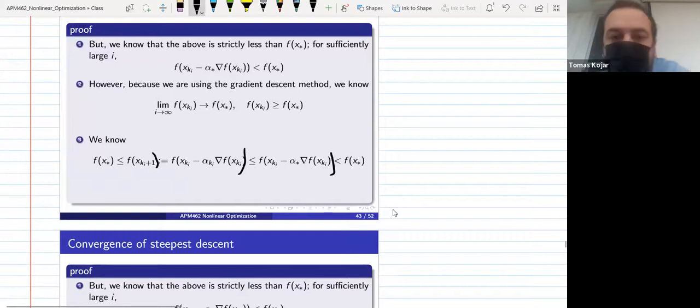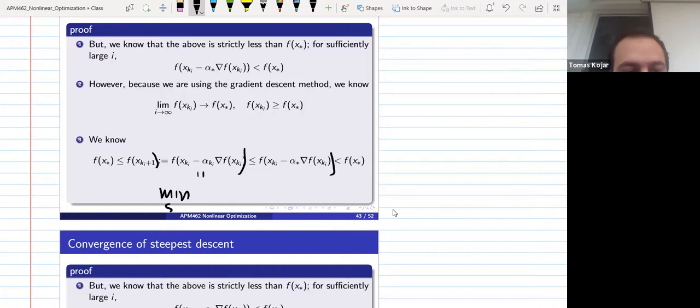Then here we use the following, which is a little bit tricky. It says this is the min over S positive of f of x ki minus S gradient of f of x ki. So how did we get this middle inequality?